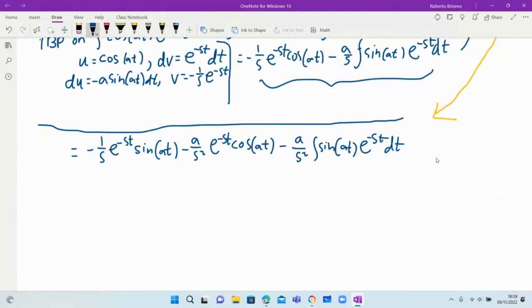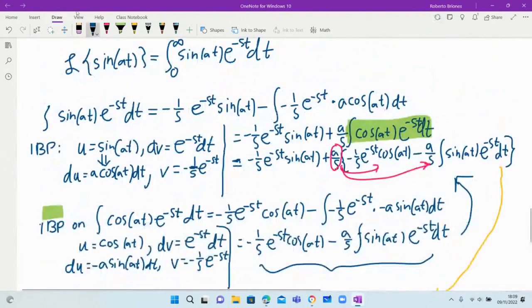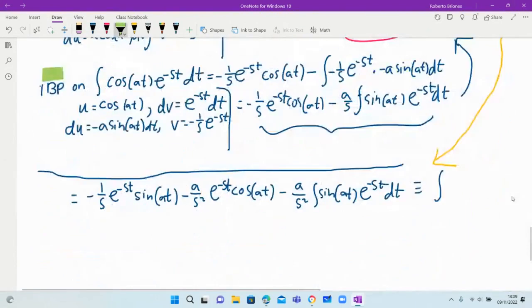But take note that this is actually equal to the definition of the integral that we actually were considering here. So it's actually this integral, the integral of sine of AT times e to the negative st dt.